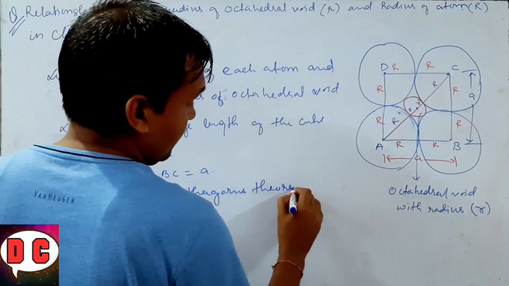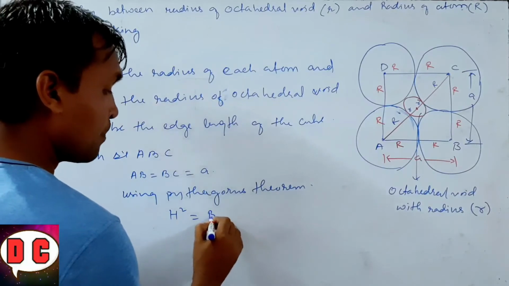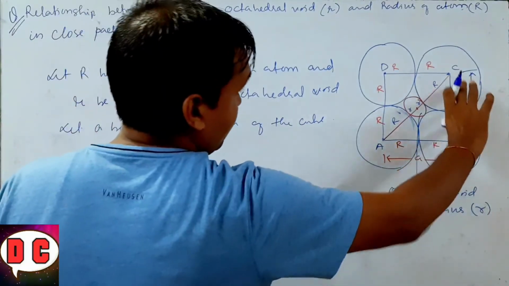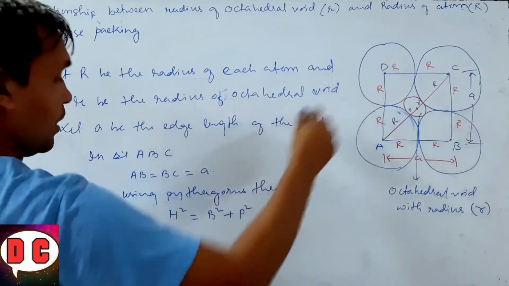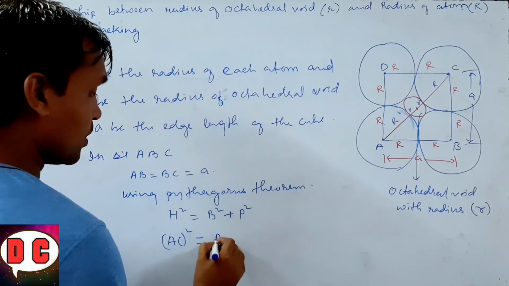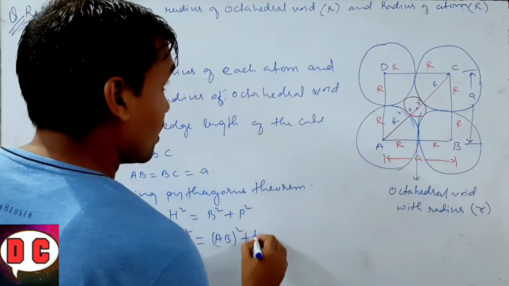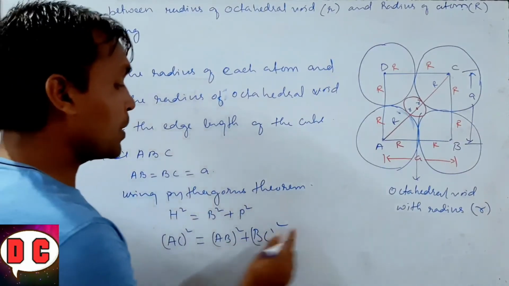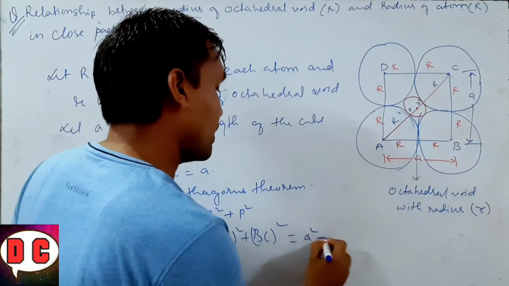Pythagoras theorem says hypotenuse square equals base square plus perpendicular square. So base is this, perpendicular is this. What is our hypotenuse? AC. So AC square equals AB square plus BC square. Now what is the AB value? Look at the diagram, AB is a, so a square.